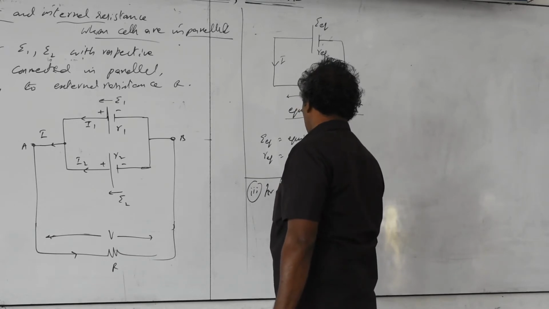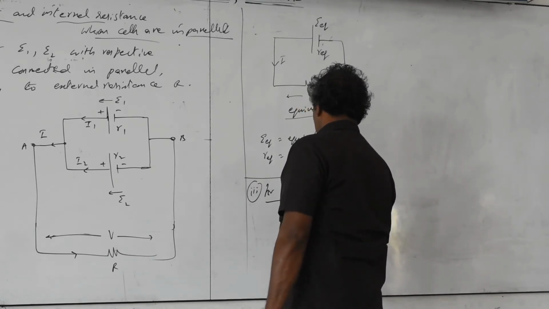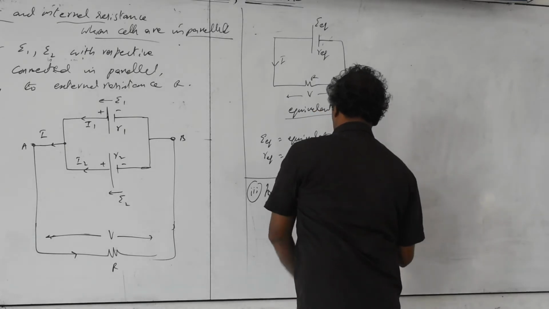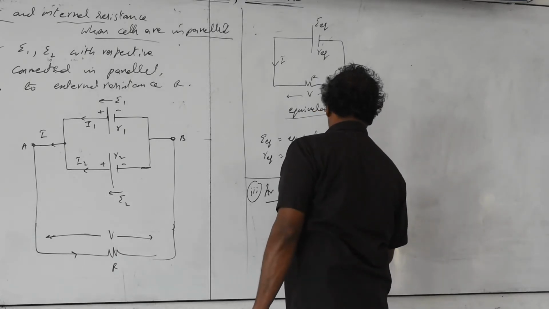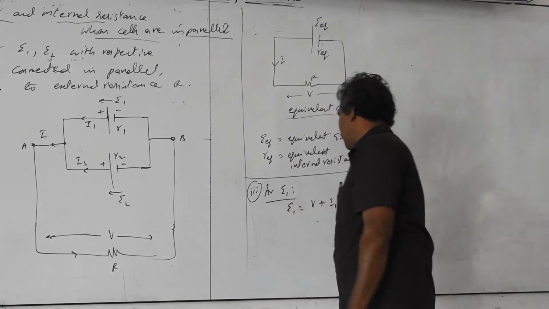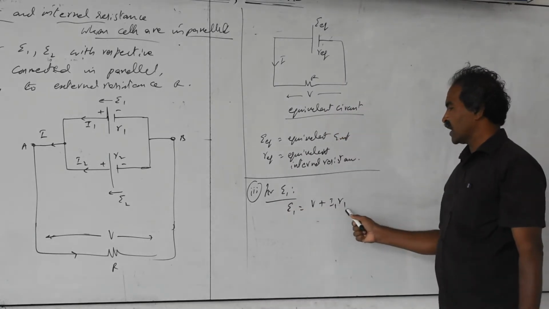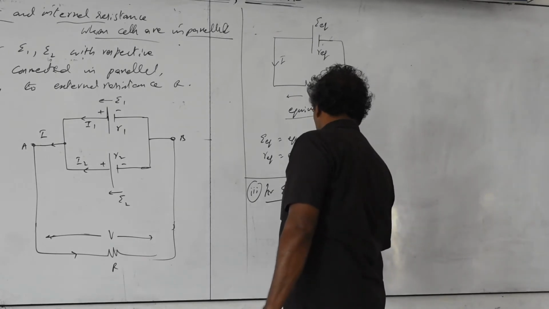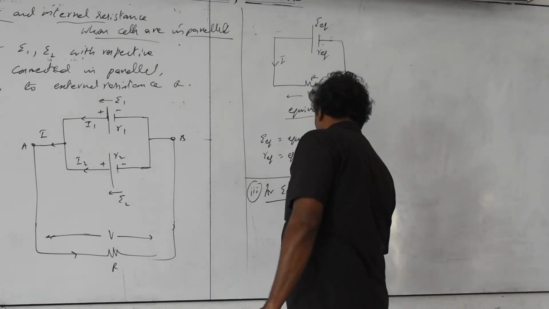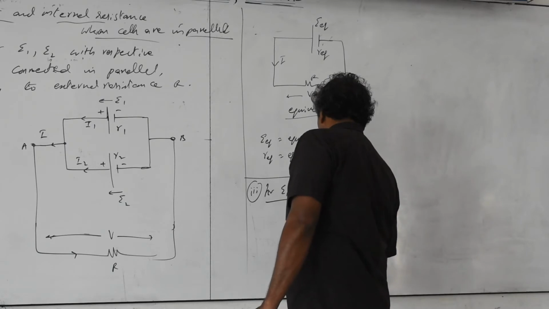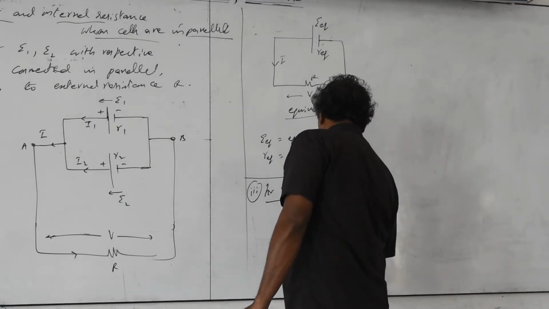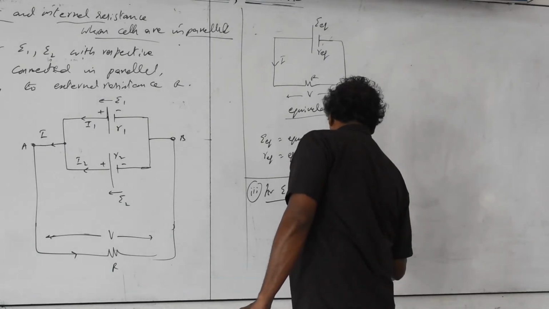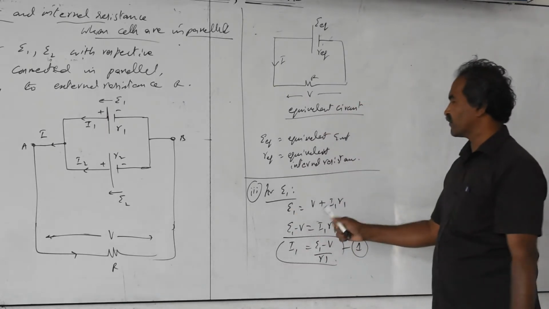Next. For E1, the relation we have is E equal to V plus I1R1. Get the expression for I1. So I1R1 becomes equal to E1 minus V, or I1 is equal to (E1 minus V) by R1. This is equation number 1. You can write the same way for the second cell.